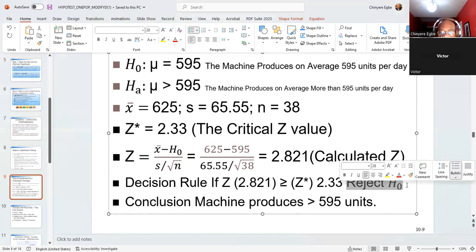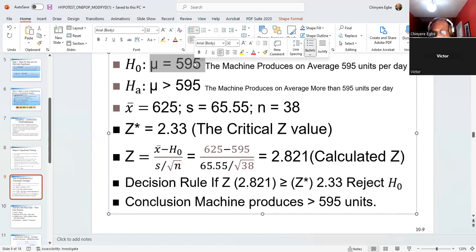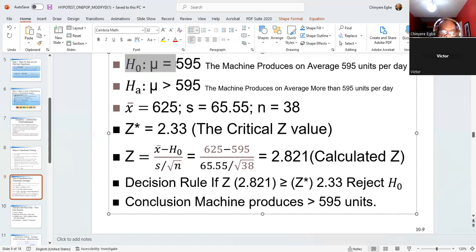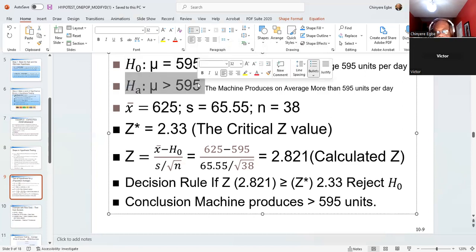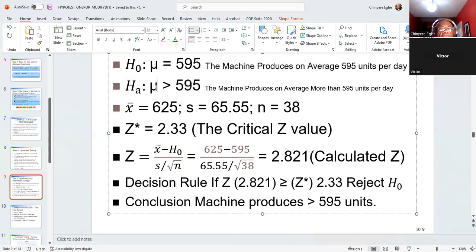What are we rejecting? We are rejecting the hypothesis that mu is exactly 595. And since we are rejecting that mu is 595, we are concluding that mu is greater than 595. This is what is called a one-sided hypothesis because we are simply saying the alternate is that mu is greater than.